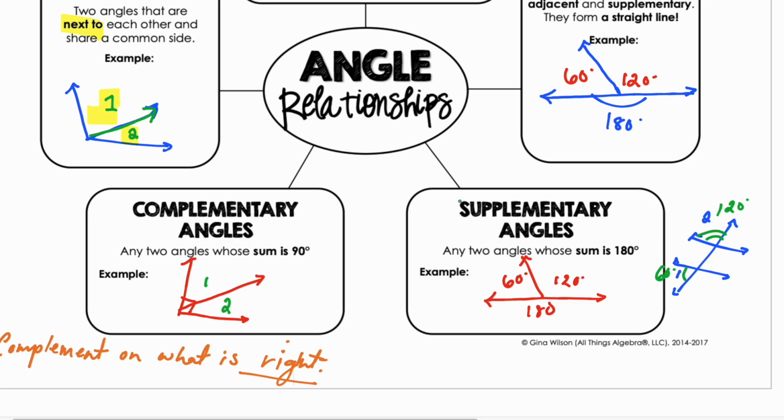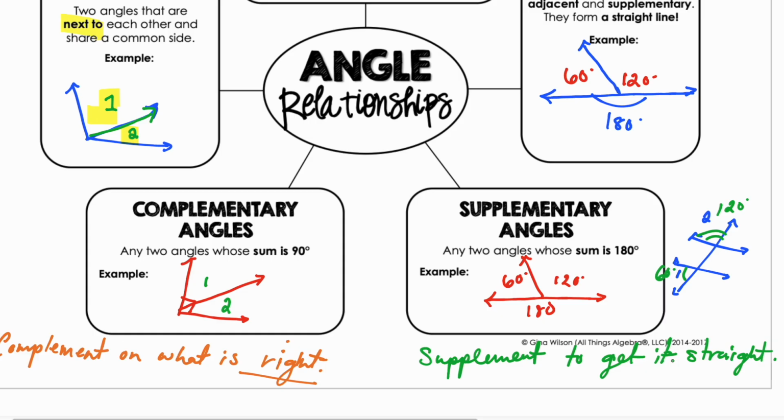The next one is going to be for supplementary. We're going to supplement to get it straight. So one way I like to think about this is, let's say you are iron deficient, or so basically your body is not getting enough iron, or your body's not getting enough vitamin C or vitamin D. Oftentimes we take supplements to make our body balanced, right?